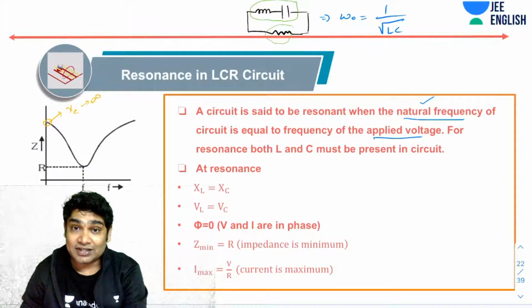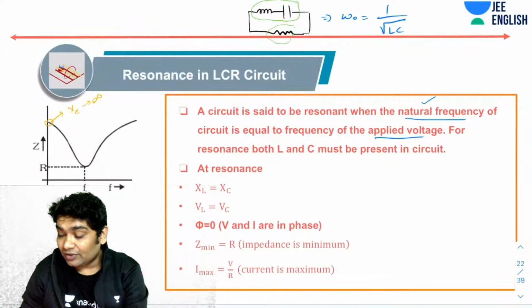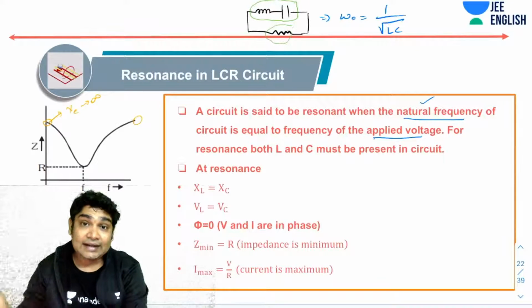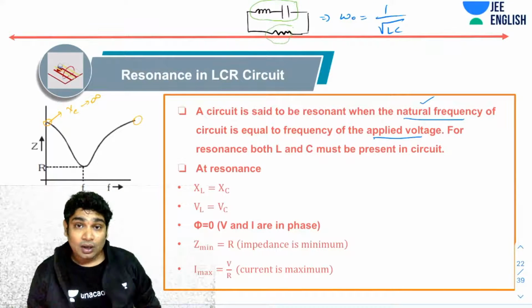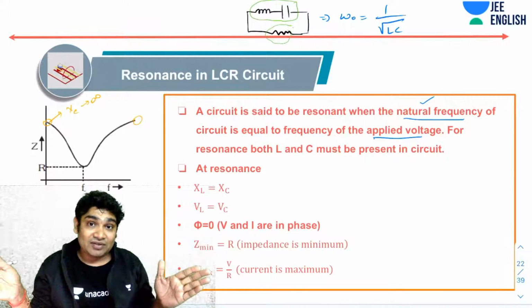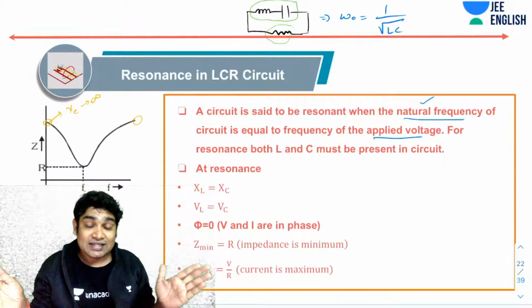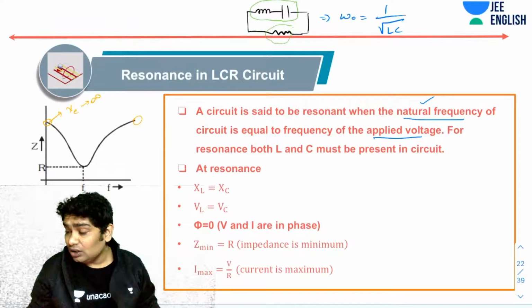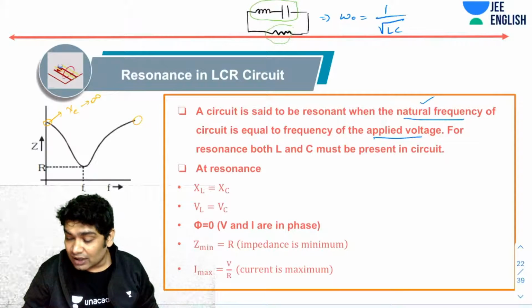Similarly, if the frequency is infinite, then XL tends to infinity. So at zero frequency, your circuit has infinite impedance. At infinite frequency, your circuit has infinite impedance. Somewhere in the middle, it has the lowest impedance, right? So this is the kind of variation that you would have seen here in case of your impedance.